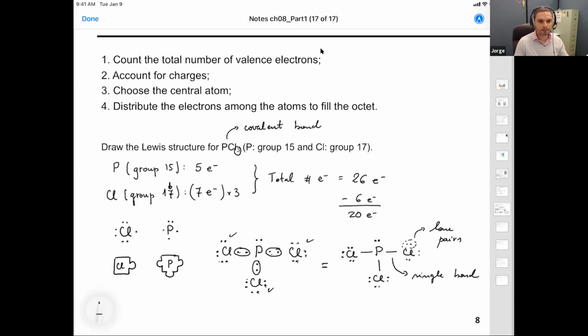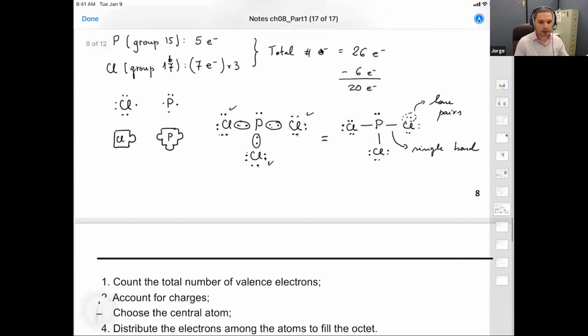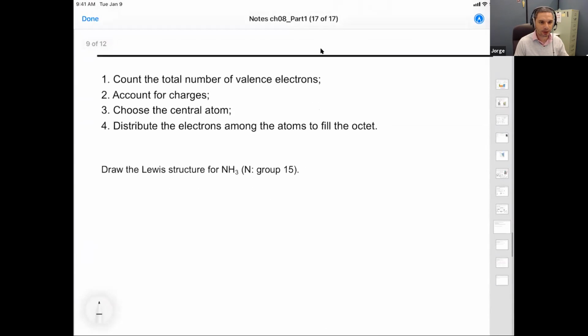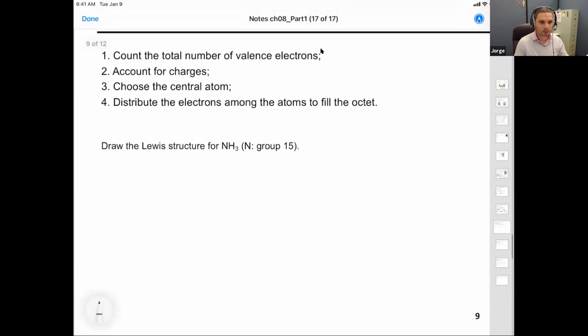Okay, let's see another example here. Let's try to draw the Lewis structure for NH3. Again here, nitrogen needs to get electrons and hydrogen needs to get electrons to achieve stability.